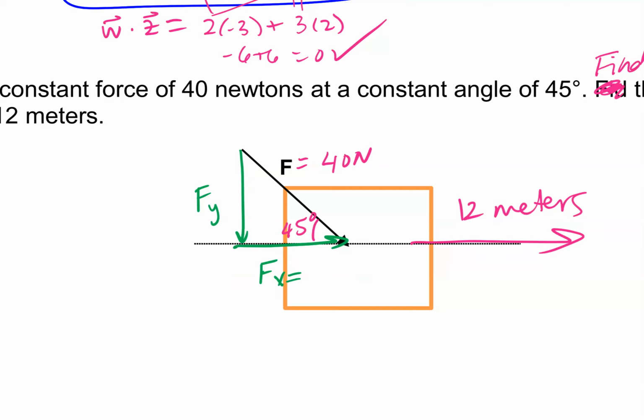So if I take cosine 45, so cosine 45 degrees is adjacent over hypotenuse, right, over 40. So the x component will just be 40 times cosine 45 degrees. And this is the component I want because this is the component that's parallel to my motion.